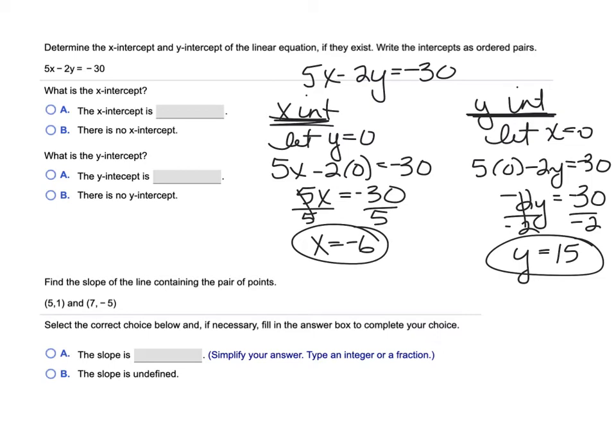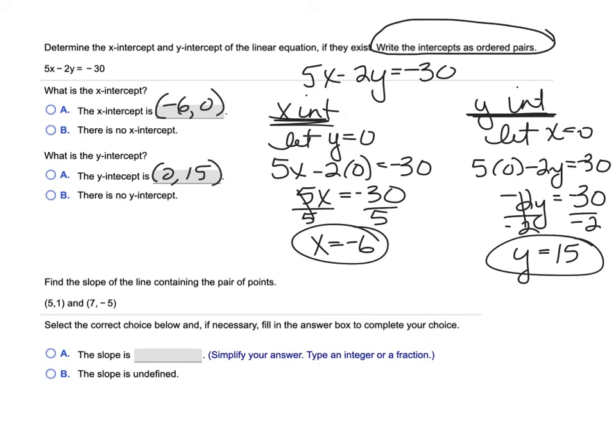Okay, so those are your x and your y-intercept. When you write your answer, notice the directions, they want you to write the intercepts as ordered pairs. So for my x-intercept, this is x equals negative 6. Remember the y was 0. And then for the y-intercept, your x was 0. And those are our answers.